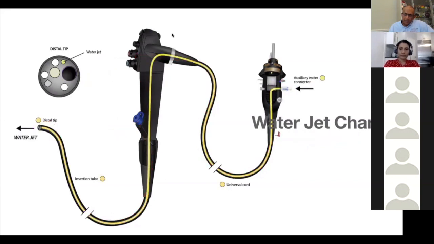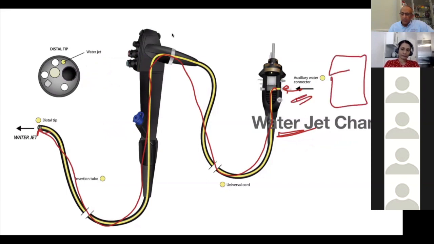And then the water jet channel, as you can see here, is another channel that you cannot access with a brush. The reason why this is important is, previously we used to put simethicone in the water jet channel, and that simethicone can actually create a biofilm.